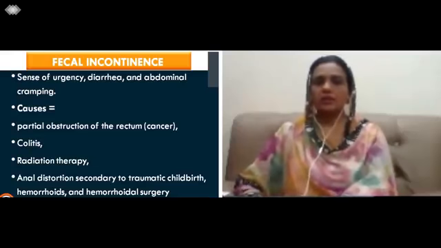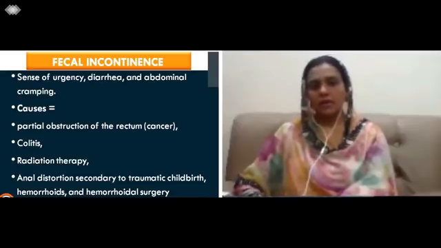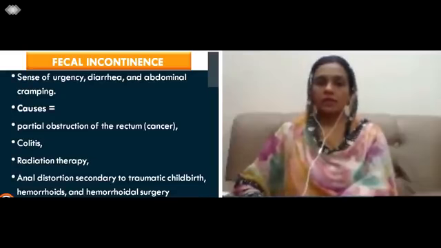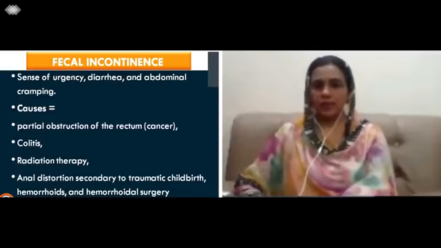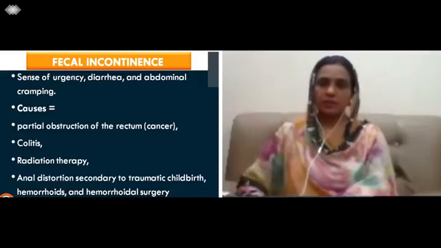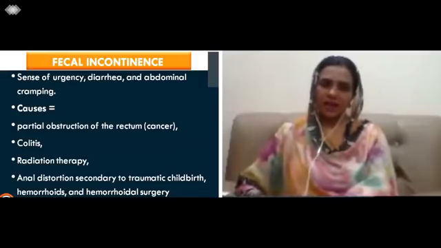Then it can be due to colitis, which is obviously an inflammatory problem. Then radiation therapy, as I have already discussed, for cancer, especially cervical or uterine cancer, and chemotherapy and radiation therapy after that can damage your colon and the areas. So that can lead to fecal incontinence.